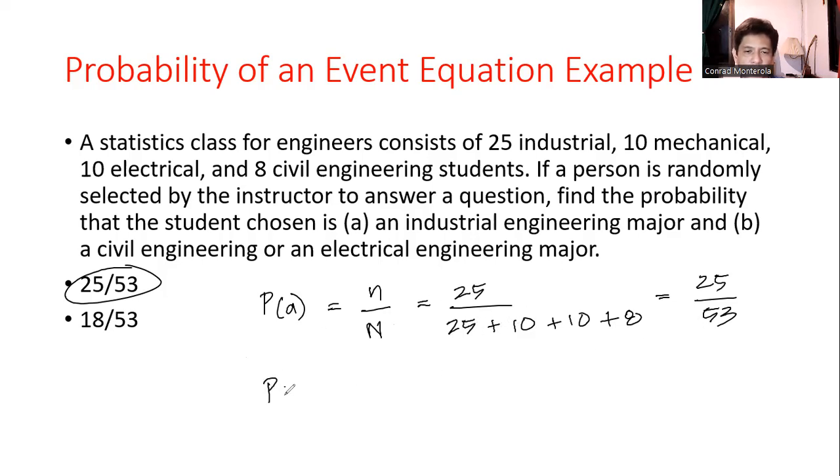So probability of B would be ganun ulit, n divided by N. That would be civil engineering, 8, plus electrical engineering, 10, and then the same total, divided by 53. So we have 18 over 53.